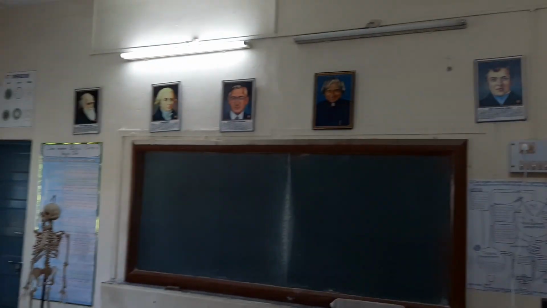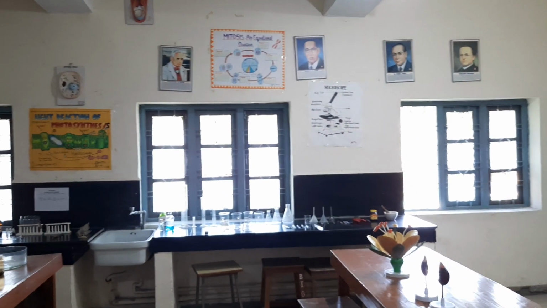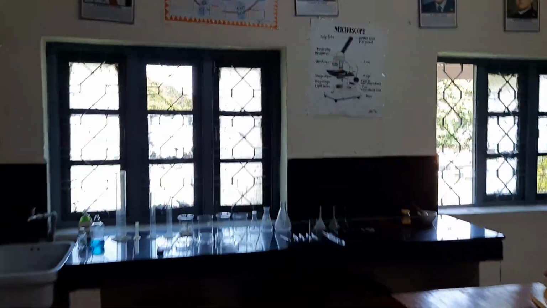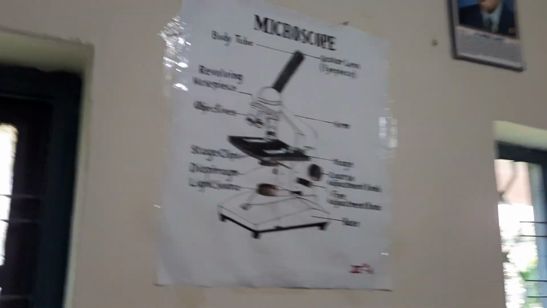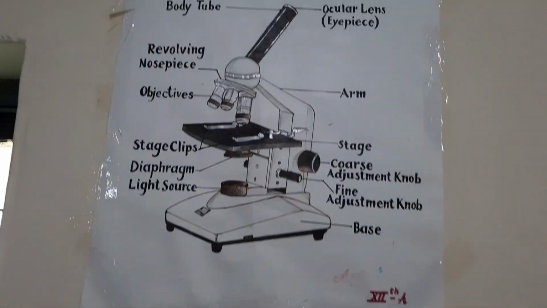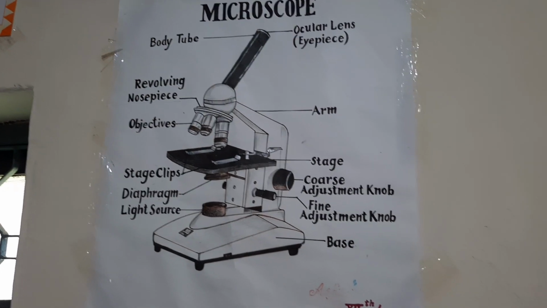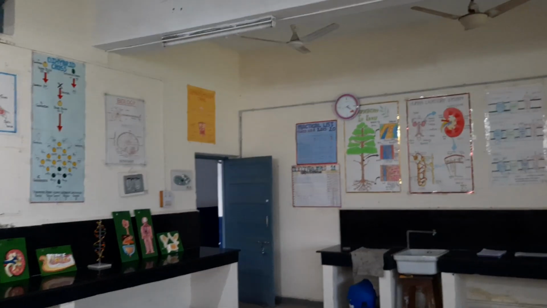We have some pictures of great scientists for inspiration, and you will observe each and everything. Even for the microscope, our biology starts with the introduction of the microscope in the practical syllabus, and one of my students made a chart, a very beautiful chart, by labeling each and everything very nicely. I was very lucky, I got such talented students.